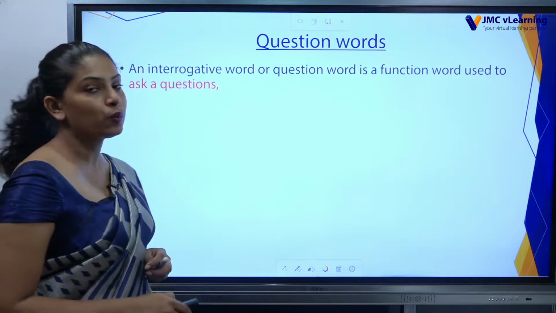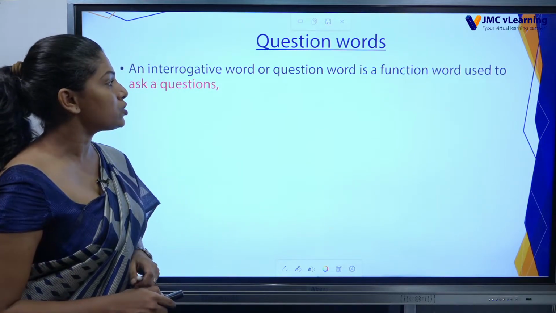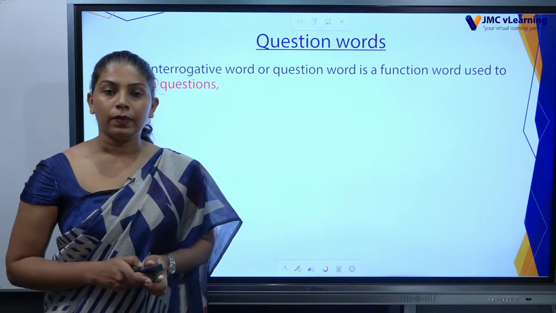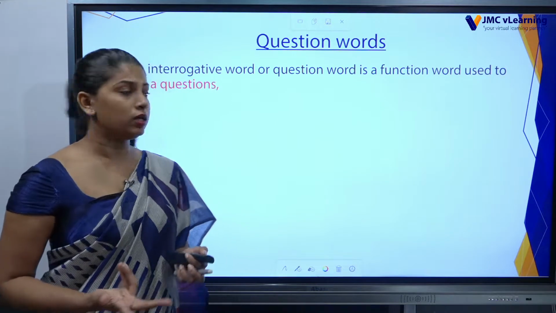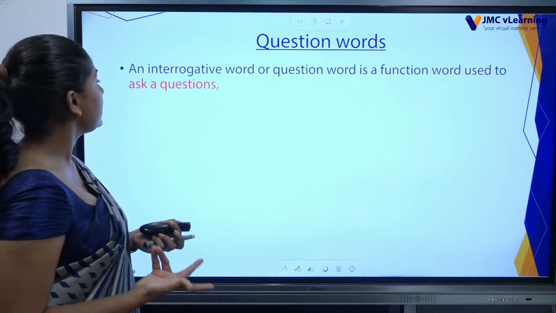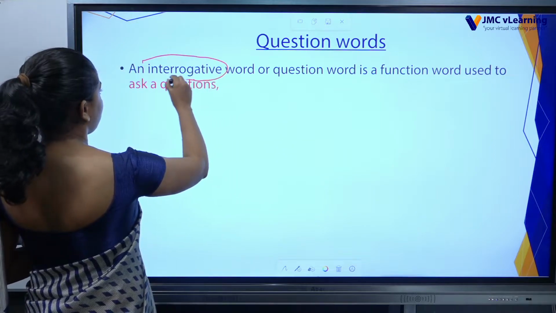Let's see what a question word is. An interrogative word or question word is a function word used to ask a question. That is the explanation given here. What is a question word? A question word, or we can say an interrogative. Instead of question word, the word interrogative can be used.